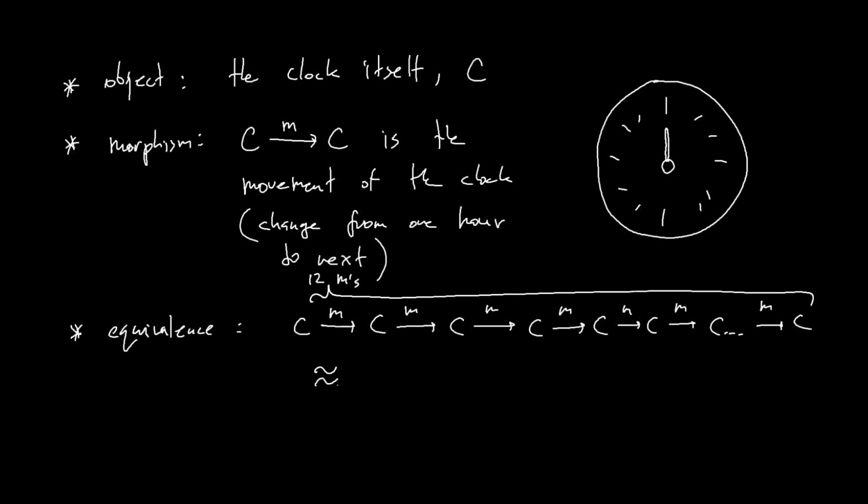That path is equivalent to what? So what do I want to make it equivalent to? If I got a position at hour number 1, right? So then 1 hour elapses, another hour. After 12 hours, it goes back to 1. So the effect of having 12 many M's in a path is the same as the effect of what? Of having none?